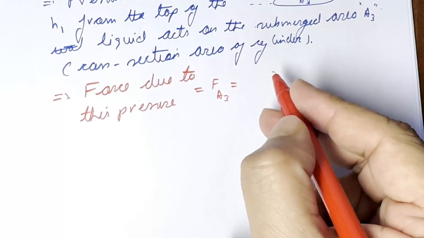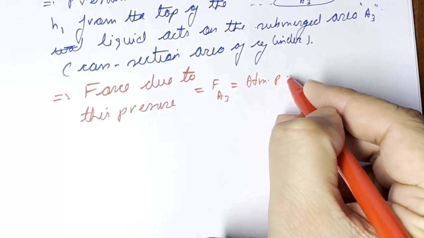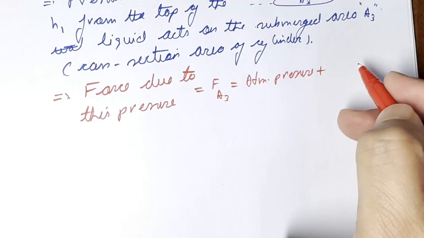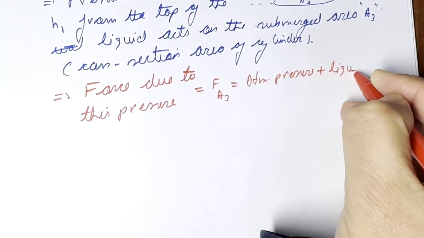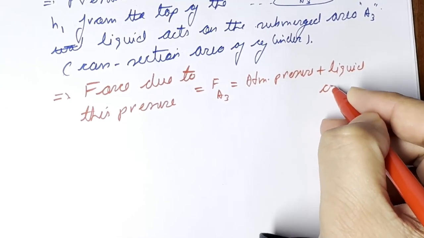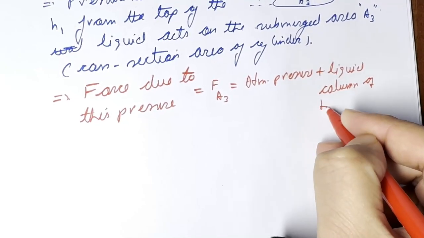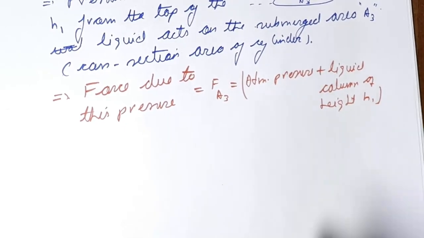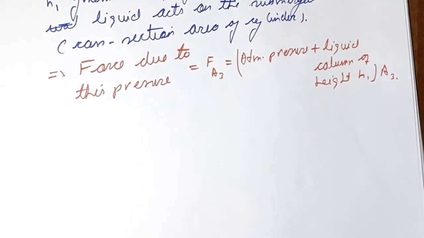which will be equal to atmospheric pressure PA plus liquid column of height H1, and this whole multiplied by the area A3.